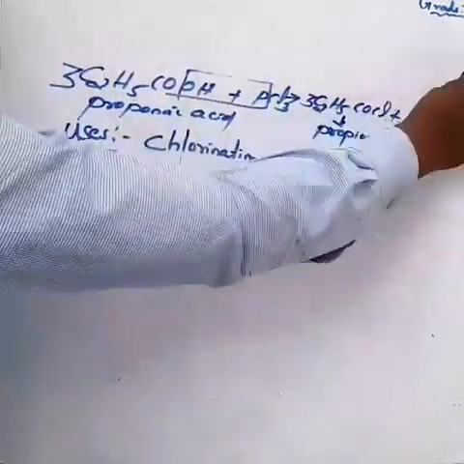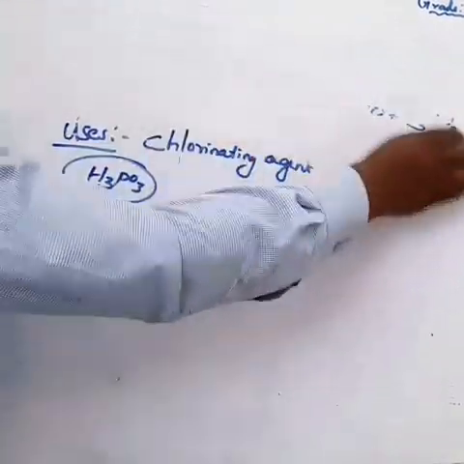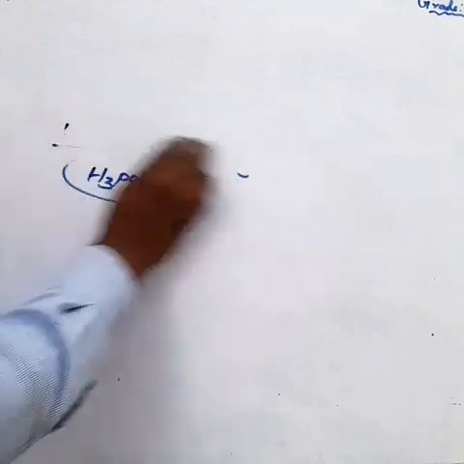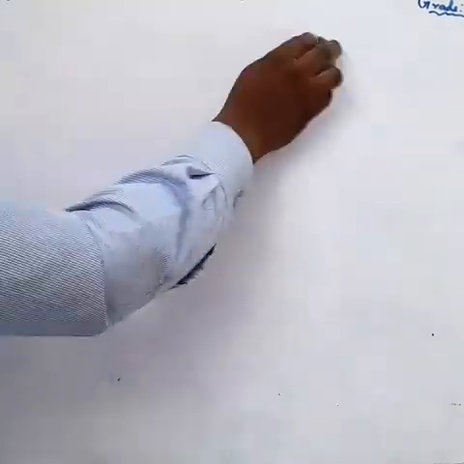What about the chlorinating agent? We are taking some chloride ions for reacting. Reacting with chlorine, for what purpose? We can say chlorinating water, which is used for purification.